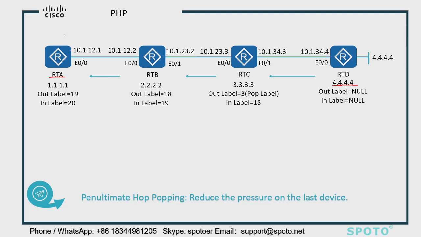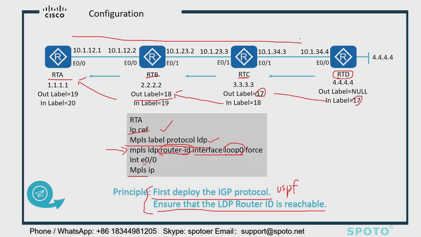When RTD receives this packet with the label 17, RTD will search its label forwarding table and remove the label, and then RTD needs to search the IP forwarding table, and then RTD can forward it to the right destination address.